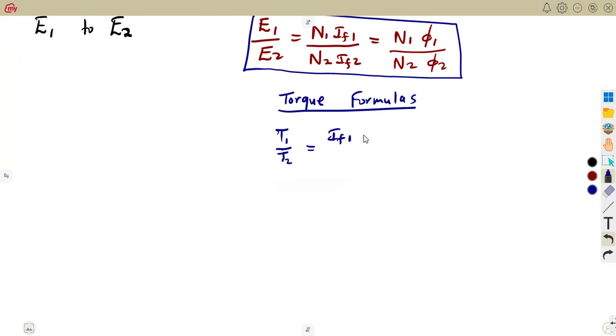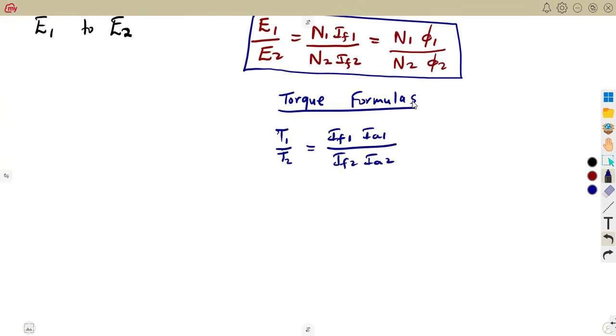Remember, this is I1, IF1. Then we're going to have armature current 1 over IF2, armature current 2. Remember, you consider 1 and 2 for the two speeds that you're given, the original and what? The final.